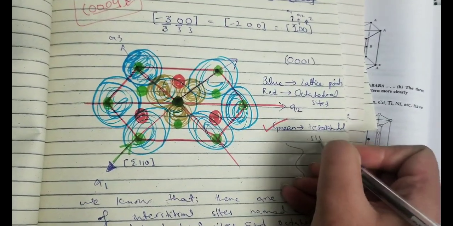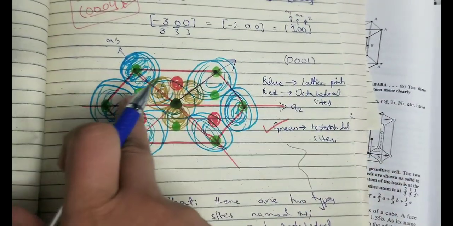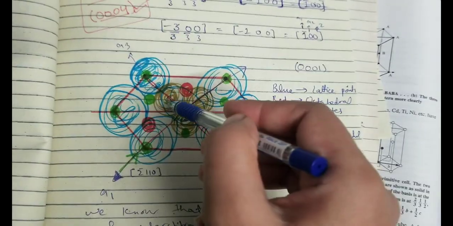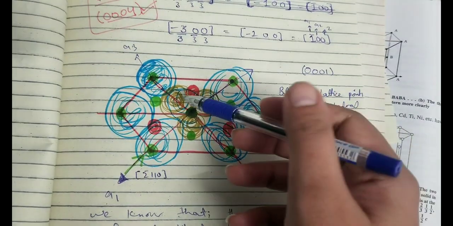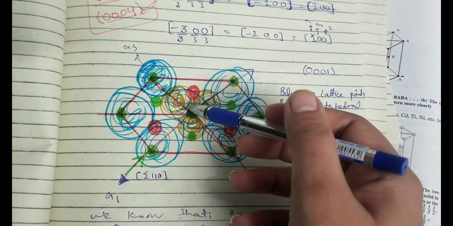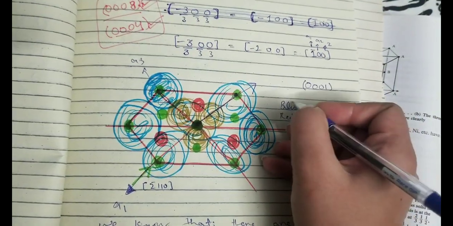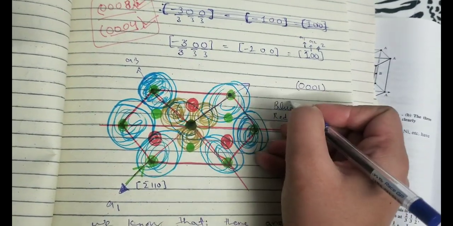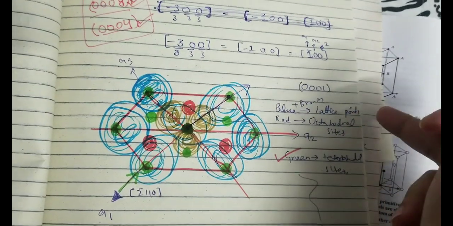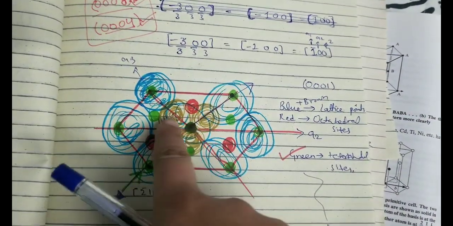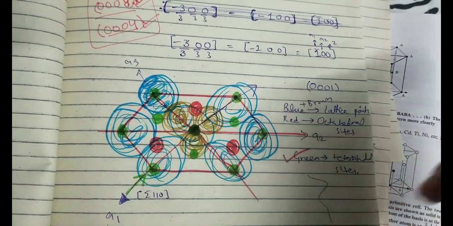You know the spellings, okay? And this color, I don't know what color it is. You should use the color whose name you know. So let us call this color brown. So blue plus brown are lattice points. Just to differentiate the position I will use a different color.